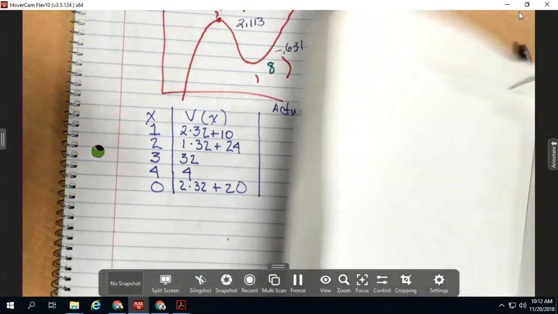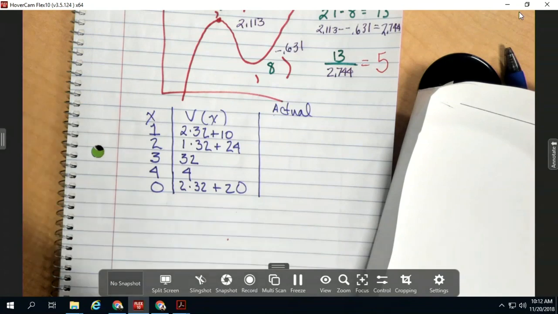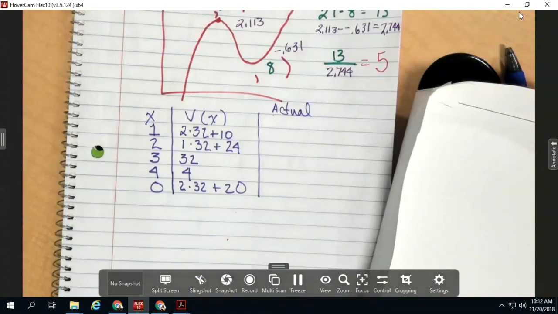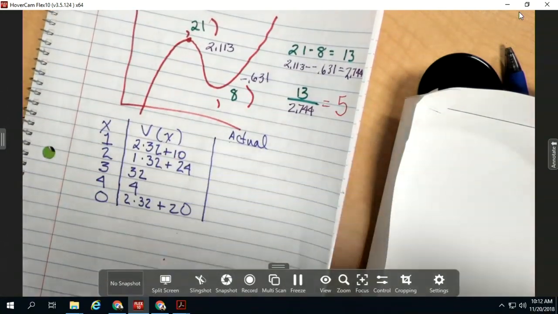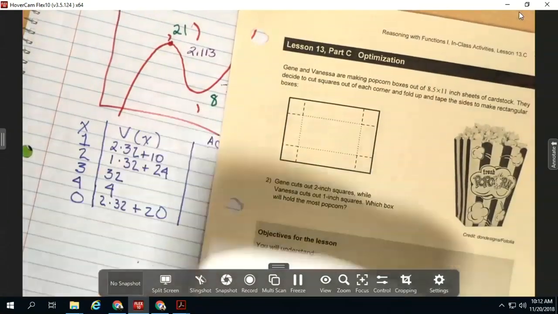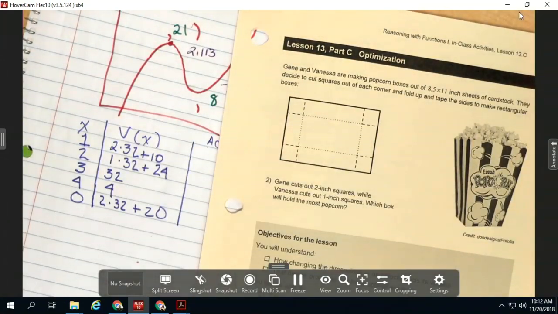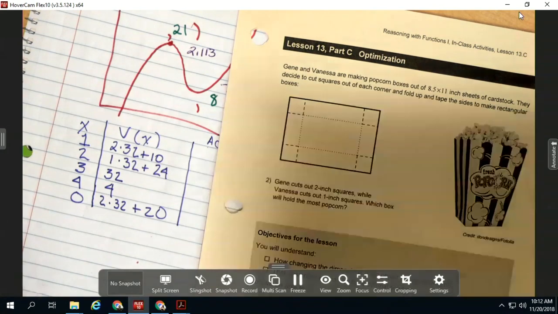Okay, so here, we got to make sure we know what we're talking about. Here's our popcorn box right here, correct? Actually, it's even better if you use the one on the next page.